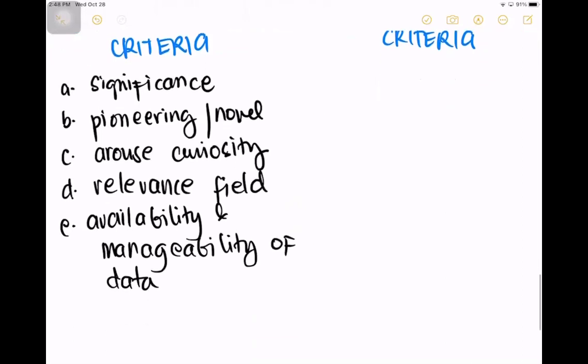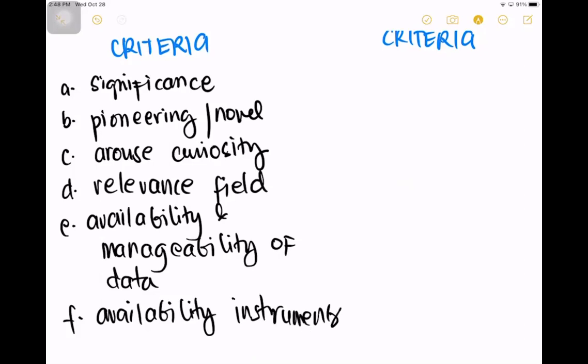Okay. And of course, the availability and manageability of data should also be coupled with availability of your instruments. So do we have the instruments to gather these data? Do we have the amenities? Do we have the facilities to gather them? So that's one thing that we can actually use.